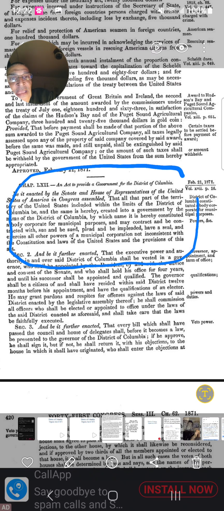Now, as you can see right here, I just circled it right here, and I am going to give you the actual deal right here. No, let's take that out.